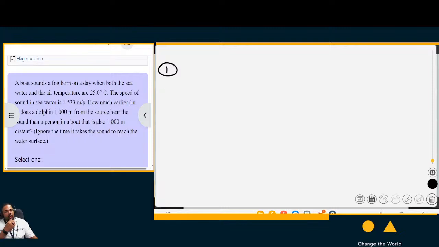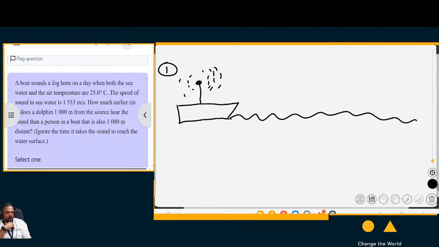So, in this case we have a boat. The worst boat I can draw. It has a foghorn and it emits a sound. Then under the water here, under the waves there, 1,000 meters away, we have a dolphin.